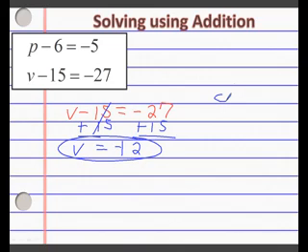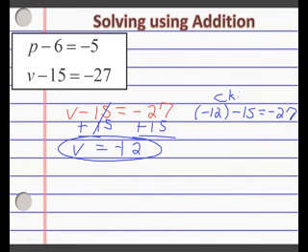I'm going to come over here and check my work. V is interchangeable with negative 12, so negative 12 minus 15 equals negative 27.